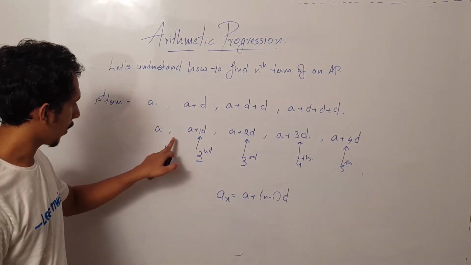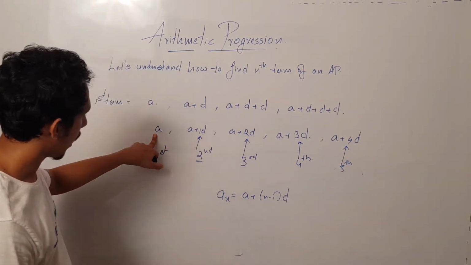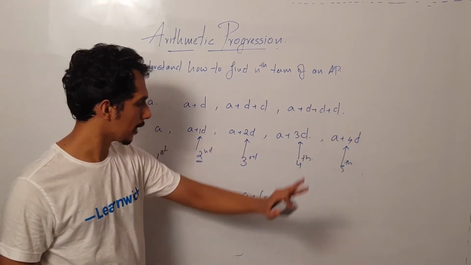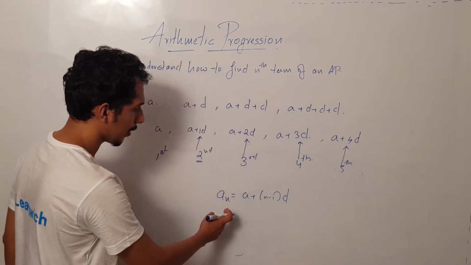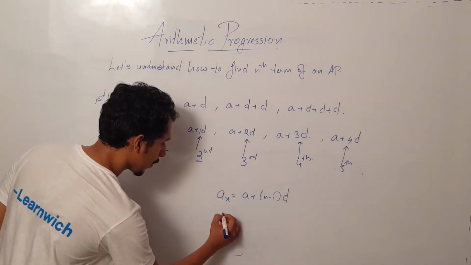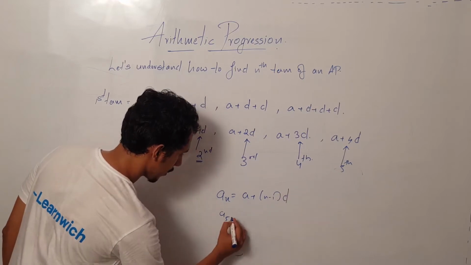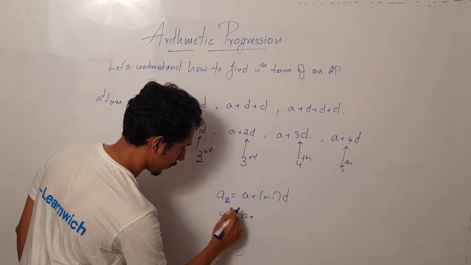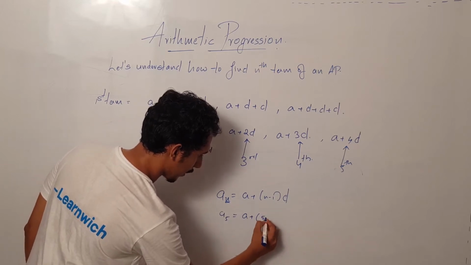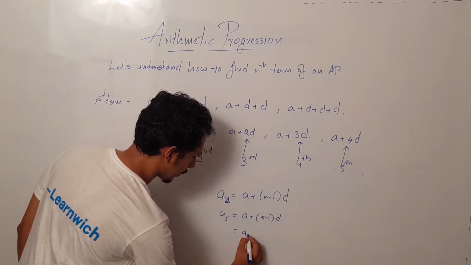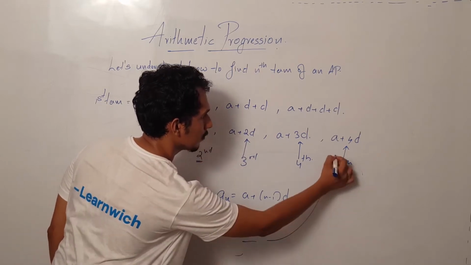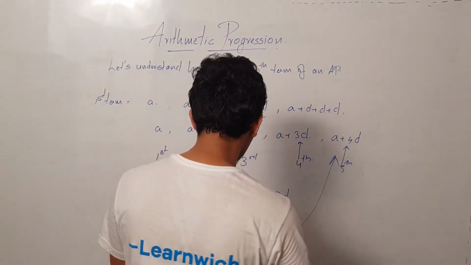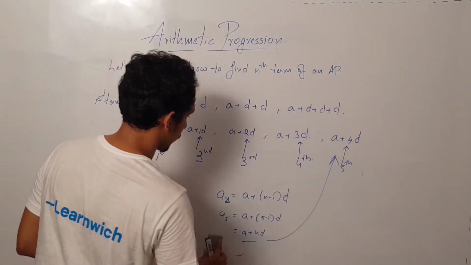See, the first term is A, then A plus D, A plus 2D, 3D, 4D, etc. So I can write AN as A plus n minus 1 into D. Observe, if I put 5 here, A5, what is the value of n? N is 5. So this will become A plus 5 minus 1 into D, that is equal to A plus 4D. See, same, got it? So easy, no? You have derived the equation for the nth term of an AP.